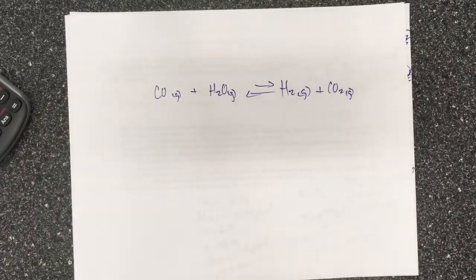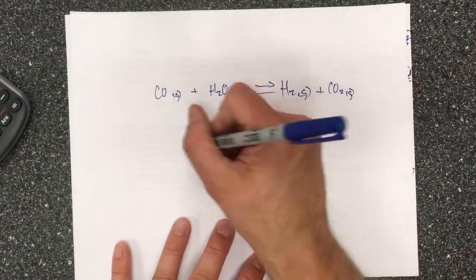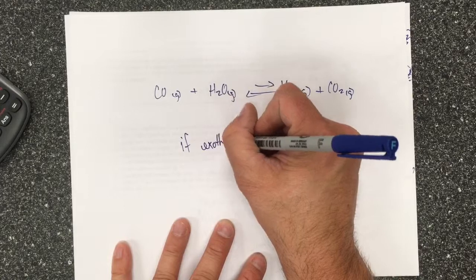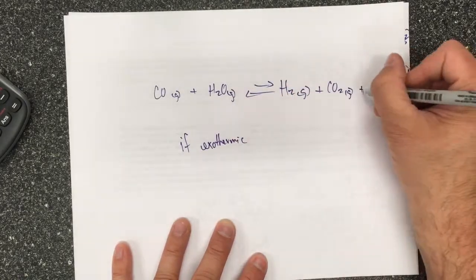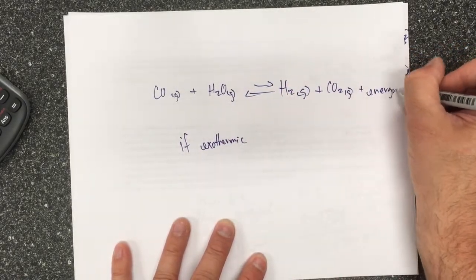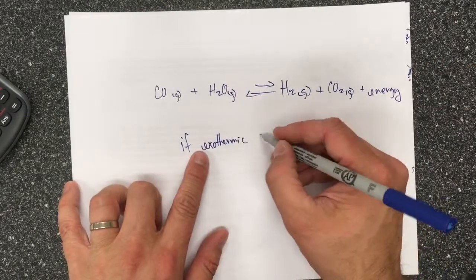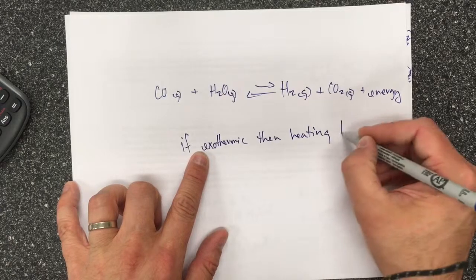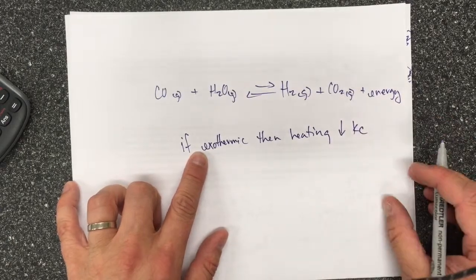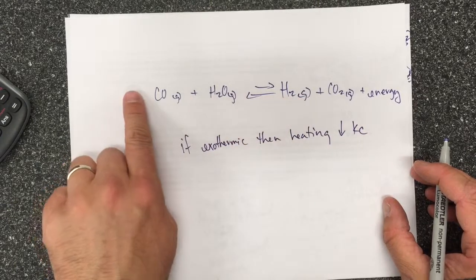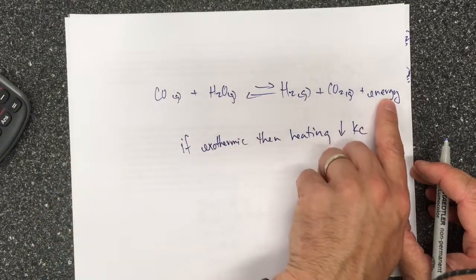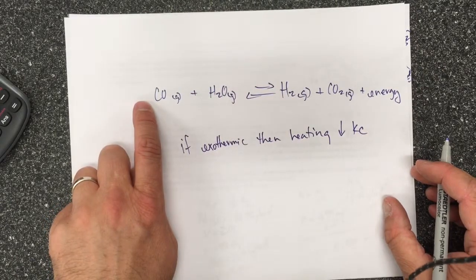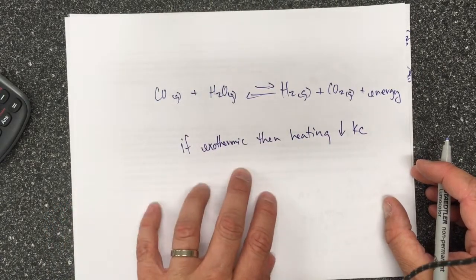So let's think about this a little bit logically. If it is exothermic, so we had energy as a product, then heating decreases Kc. Right? Because it's going to shift to the reactants to use up the extra energy from heating. So it would decrease the Kc.